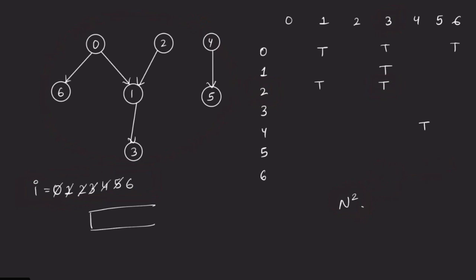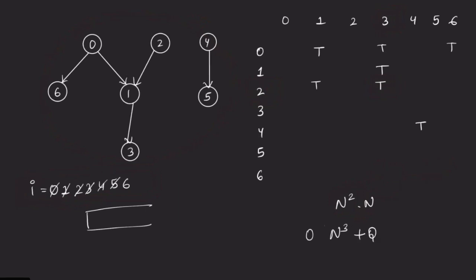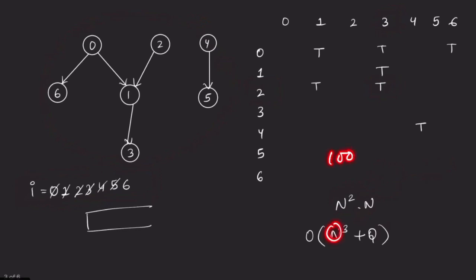So that will be multiplied by n, so it will be a total of n cube, right? And then we will be identifying the answer for each of the queries, for which we will be running a for loop equal to the total number of queries. So it will be plus q. So this will be our time complexity, n cube plus q. Now since n was 100, so 100 cube plus 10 to the power 4, this will work, right? Earlier this q was multiplied but now it is added, so that is why this will be accepted, right?